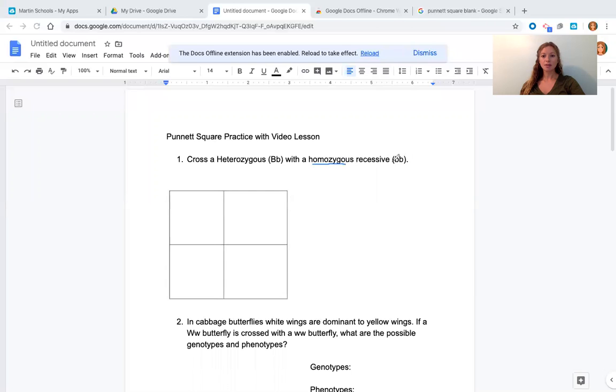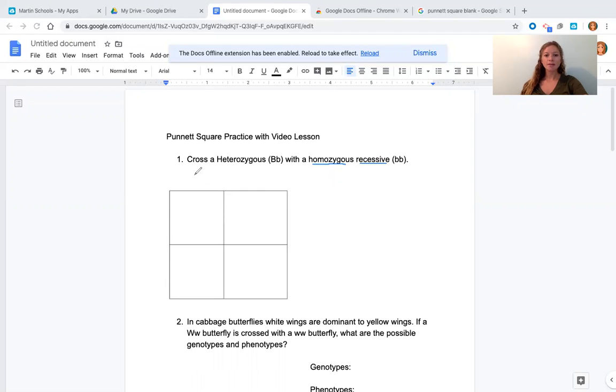So I know that when I look over here, these 2 are going to be the same, and they're going to be lowercase because they are recessive. So recessive is always shown by a lowercase letter. So all I do to find my probability of outcomes of what crosses they would make is I put the mother and the father's genes on the outside, top and left-hand side, and cross them.